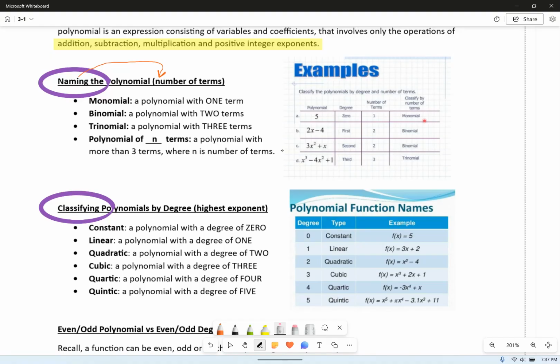Here we have 2x minus 4. So 2x and the negative 4 means there was a count of 2 terms. Ergo, we have a binomial. Look down to this example. We have an x cubed, a negative 4x squared, a positive 1, 3 terms. We call it a trinomial. And that's all it is.